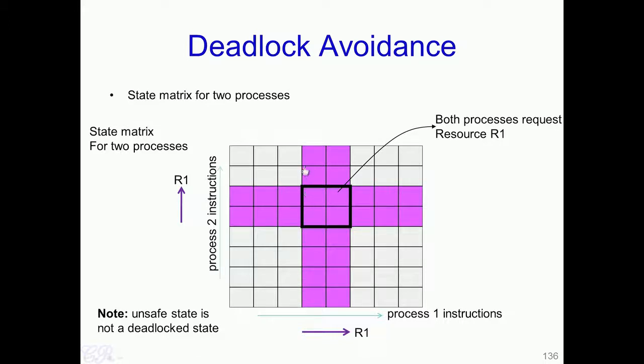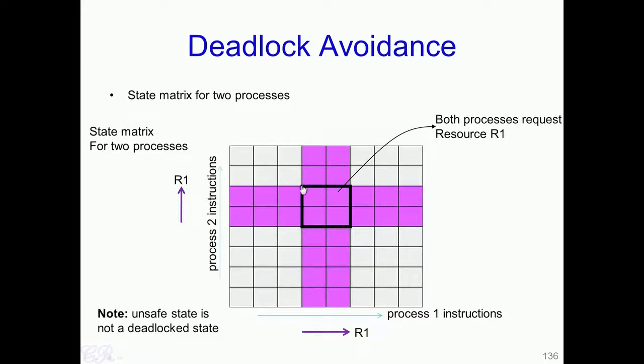This has been highlighted by this purple block over here. Now, in a similar way, during this time from this point to this point, process 2 requires the use of resource R1. So, this has been highlighted over here.